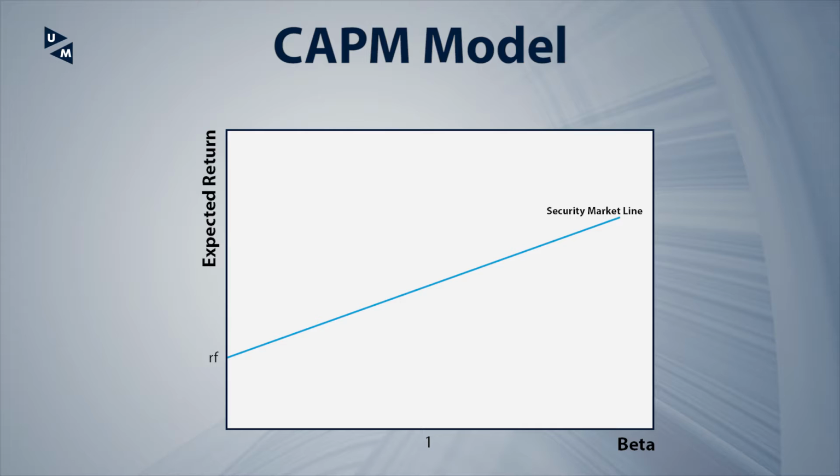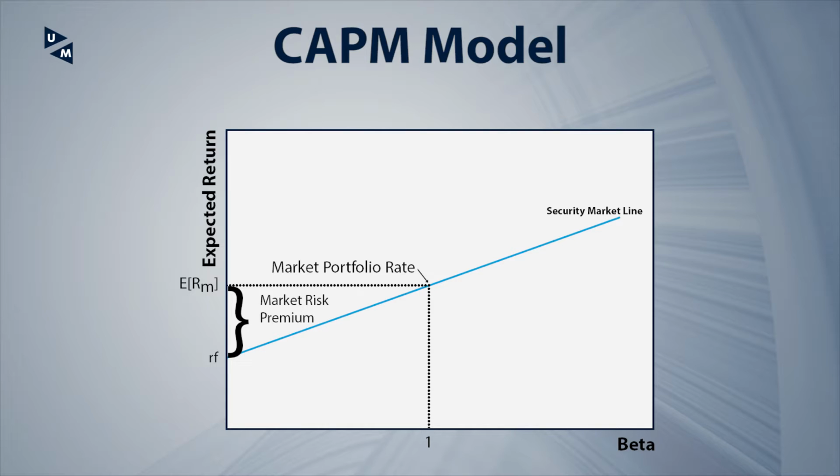The market itself has a beta of 1, so the required and expected return of the market portfolio is simply the risk-free rate plus the required return of the market itself, the risk premium. So the higher the beta, the higher the expected return. There is a monotonic increase of required or expected return with respect to beta.